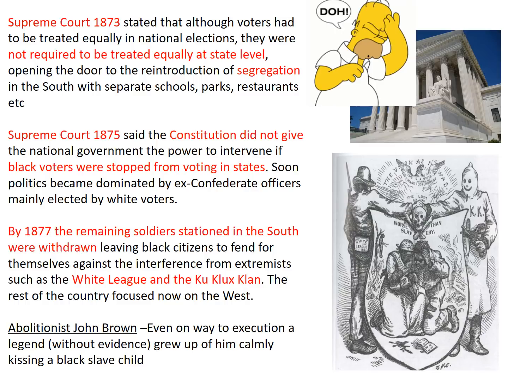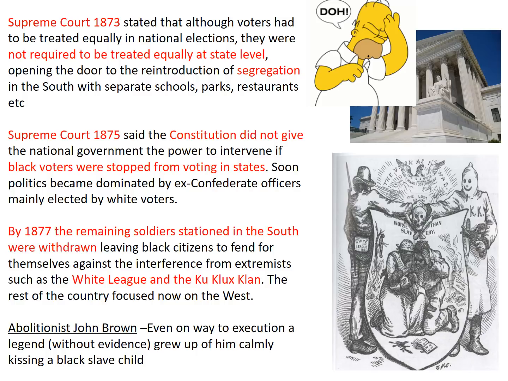Just when you think things can't get any worse, the Supreme Court, the body that's supposed to ensure equality between the two sides and make sure things are balanced, says that although voters are to be treated equally in the national elections, at state elections that doesn't have to be the case. This opens the door to segregation in the South, separate schools, parks, restaurants.